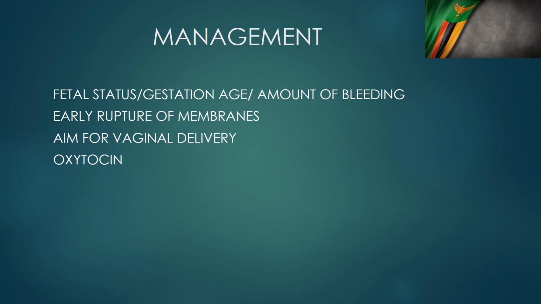So if the contractions are good, let's not routinely give oxytocin. Let's assess the contractions, and if we see that they help in the delivery of this patient, then we can give oxytocin, other than just giving oxytocin to somebody who's hypercontracting, as is usually the case in patients with abruptio. Their uterus is irritable and it's contracting, so it's good to do an assessment and see if the patient needs oxytocin or not.